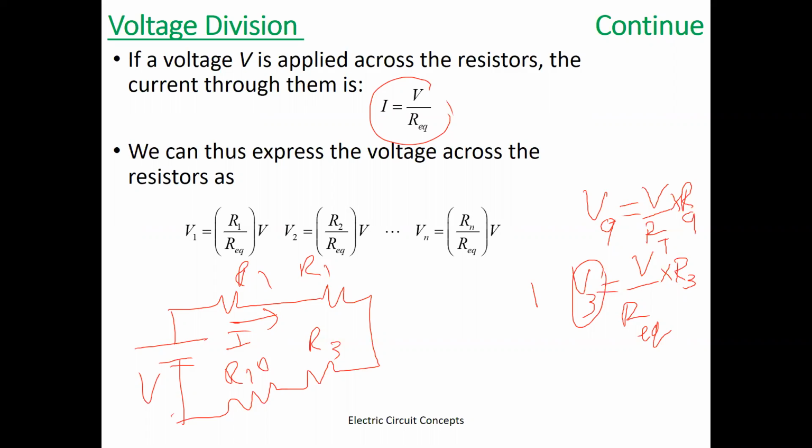If I ask you to find the voltage across resistor 5, you do the same thing: V over RT, or R equivalent, multiplied by R5. So simply, voltage division is a very simple technique to determine the voltage across any element you want.